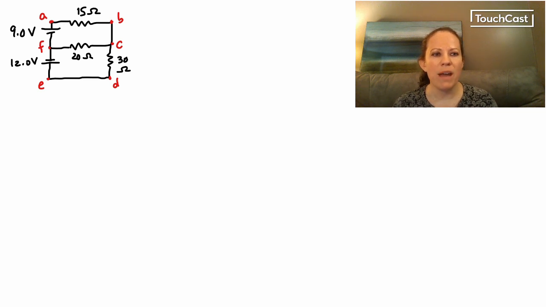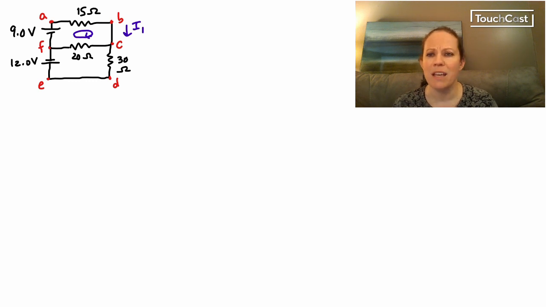So with my guess that we're going to have a top loop whose current flows clockwise like so, I'm going to say there's a current I1 flowing from B to C, which of course will also be F to A to B, and then C to F is going to have the combined current of the bottom loop too.